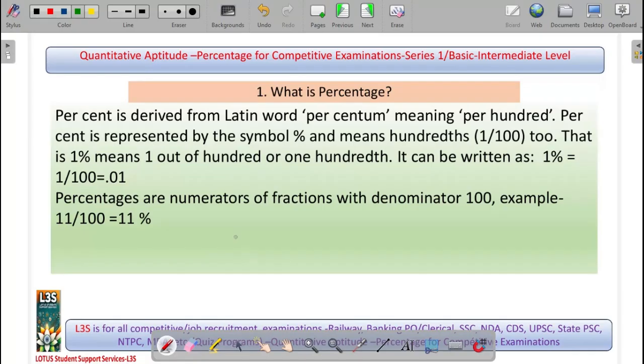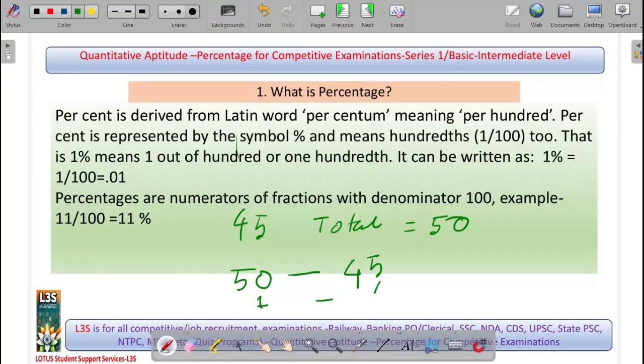But sometimes the total will not be 100. Say someone scored 45 out of a total of 50. Then how much percentage will he get? So in that case, he got 45 when the total is 50. When total is 1, how much will he get? 45 by 50.